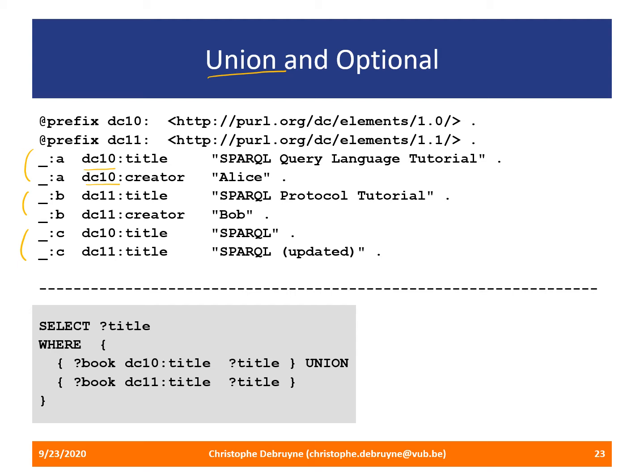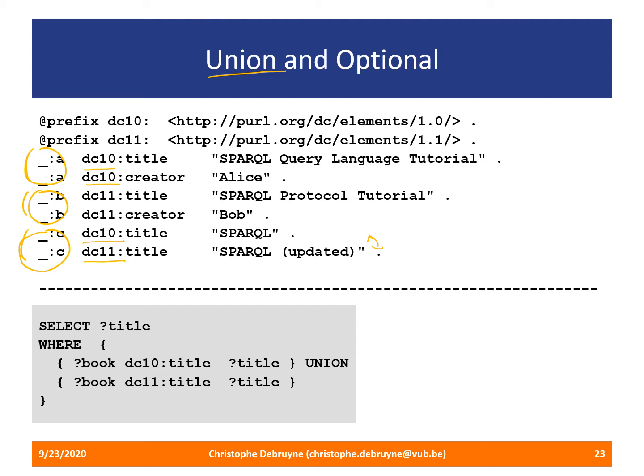And then we have a third book, which doesn't have a creator, but its title is provided by both a Dublin Core 1.0 and a Dublin Core 1.1 title, and moreover, they have different values. Notice that all these books have no URI, they're blank nodes.